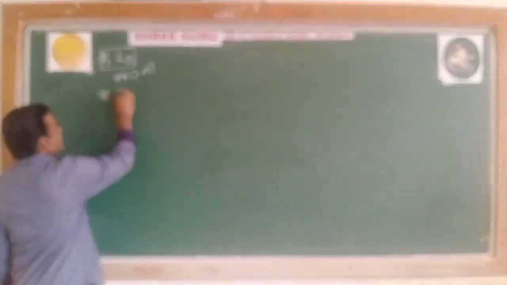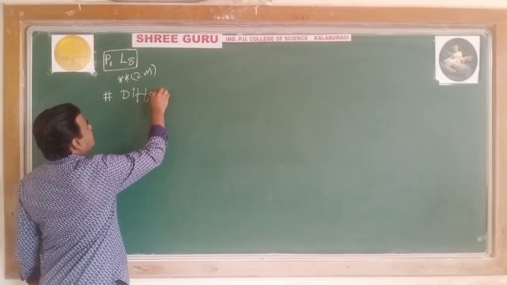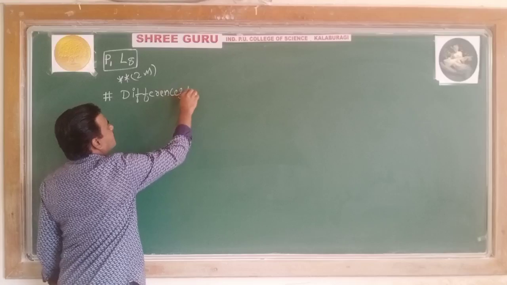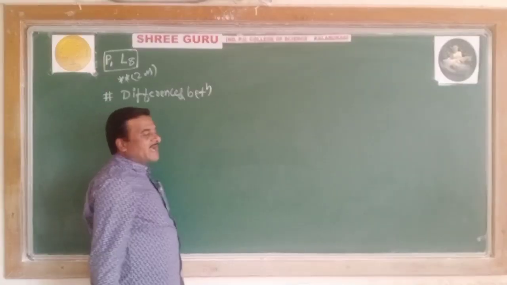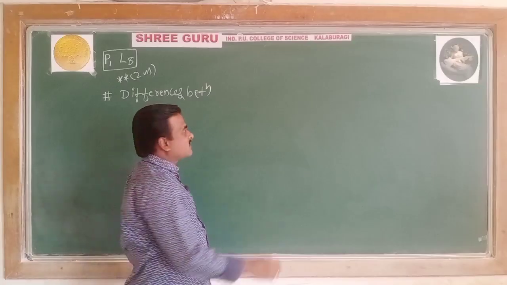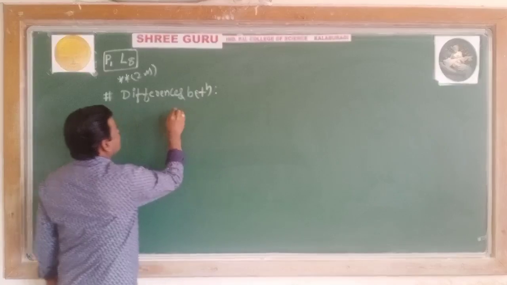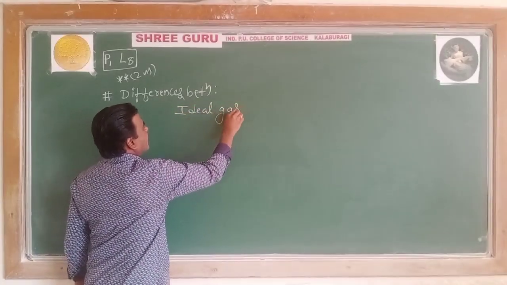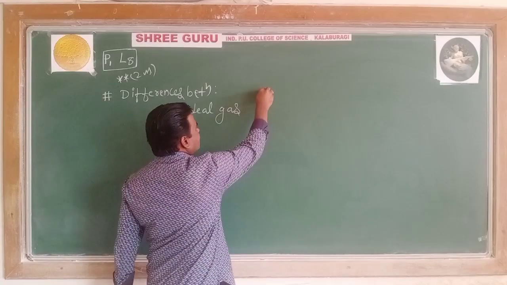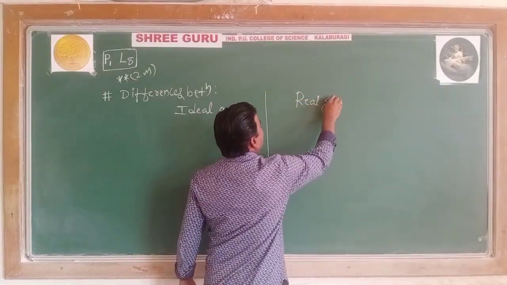Let me write it column wise: ideal gases, and real gases, nothing but non-ideal.